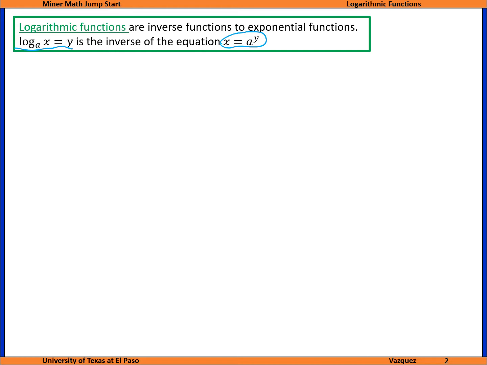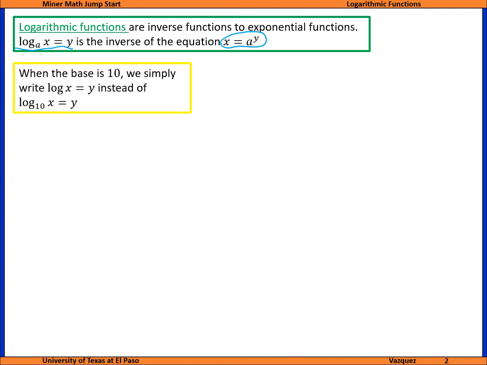So for this lesson, we're going to be looking at a lot of rules, just things to be on the lookout for. With these rules, I don't really have too many problems. I do have some examples, but we'll mostly be looking at the rules and how to solve equations using those rules. So when the base is 10, notice how up here in the green box, this a down there is the base.